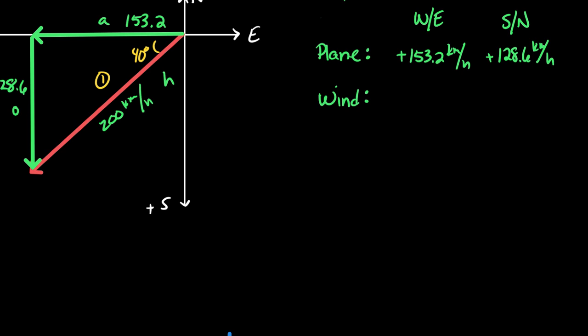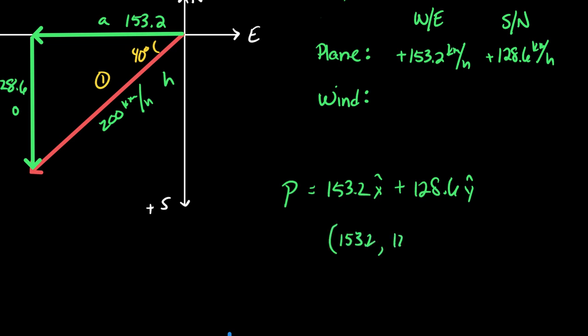Like I could say the plane is 153.2 X hat plus 128.6 Y hat. X and Y represent unit vectors, but they're in opposite directions, so you can't add those two numbers together. This is a vector notation. It's not much different than having an ordered pair, 153.2, comma, 128.6. That's an ordered pair.